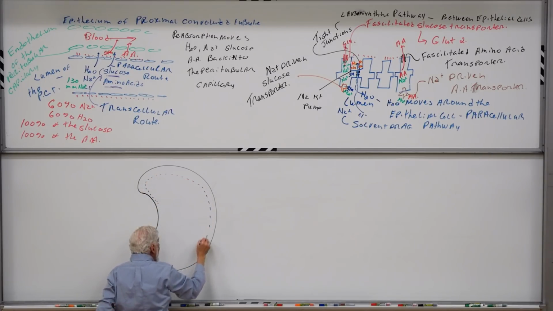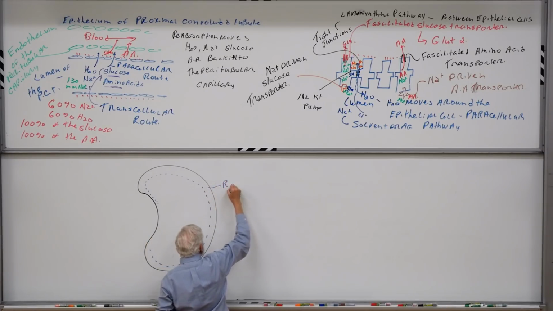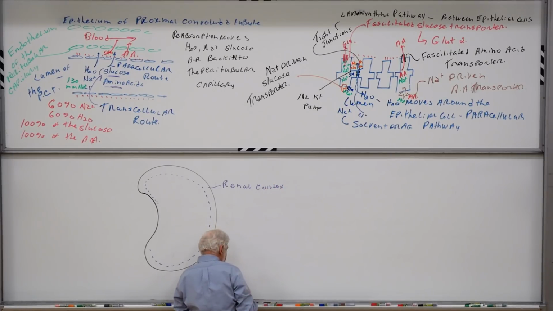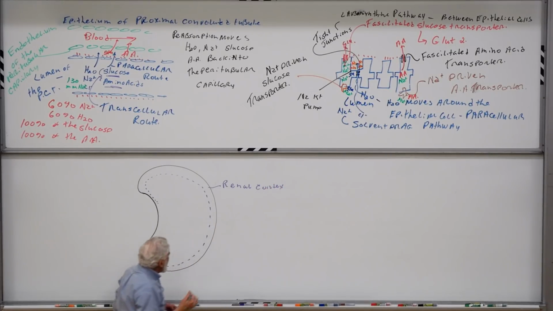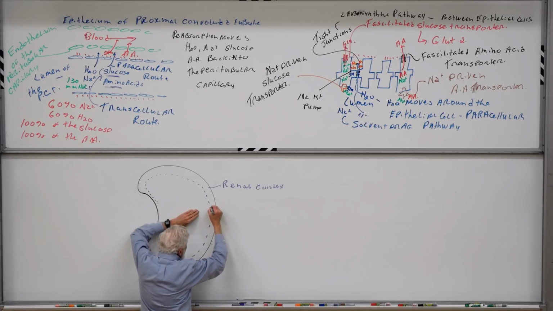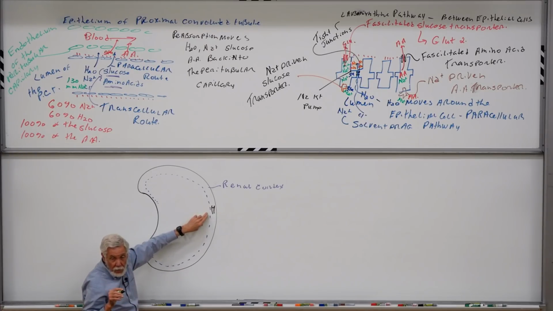The renal cortex is its outer rind. So this is meant to be the renal cortex. What we've talked about so far today is Bowman's capsule and the proximal convoluted tubule. And those are all confined to the renal cortex.